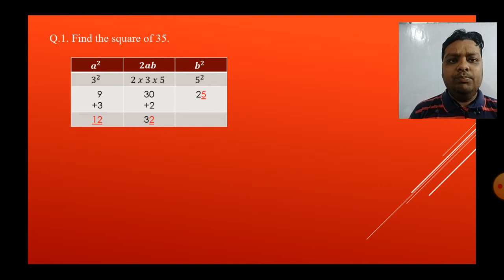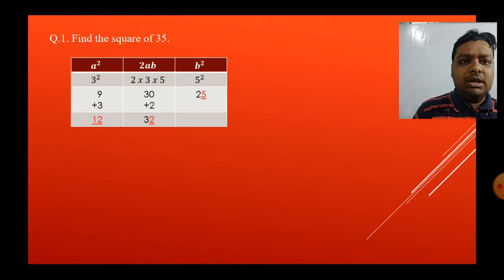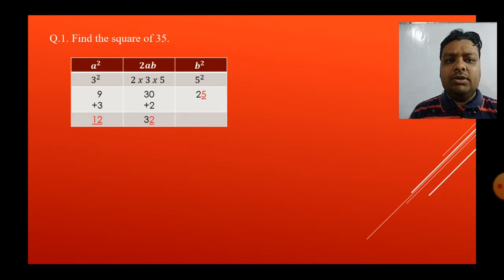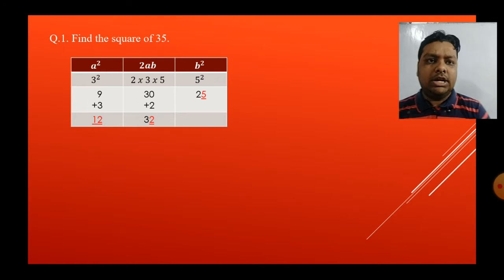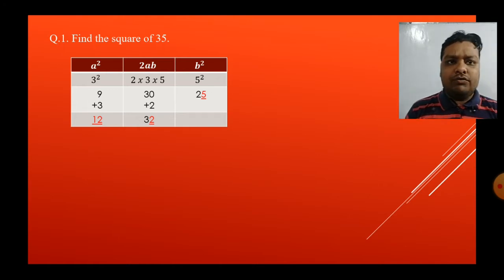Now put the values: A square means 3 square, 2AB means 2 into 3 into 5, B square means 5 square. We check from the last, from B square. So 5 square is 25. We underline the unit digit 5, and the tens digit 2 of 25 goes to 2AB.